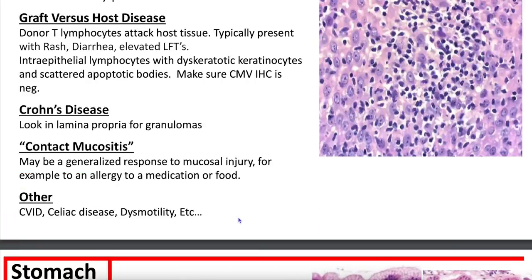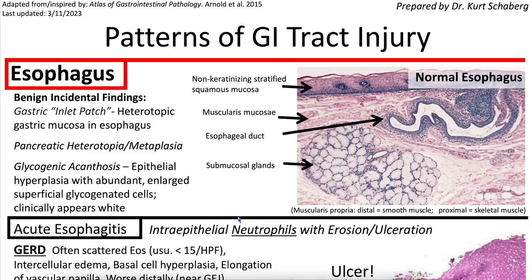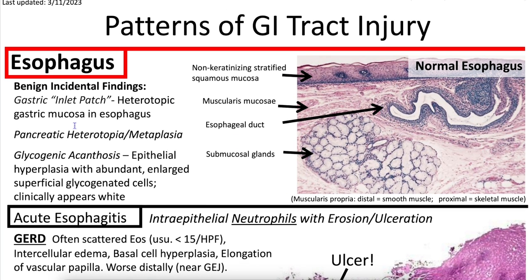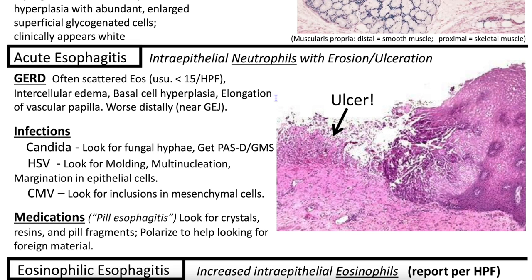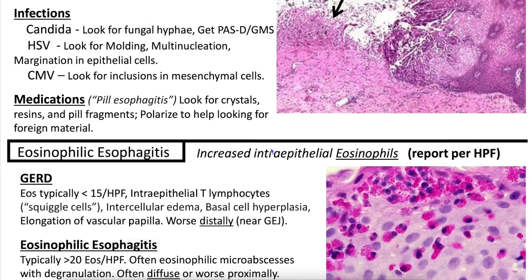So on to stomach, but before, just a quick recap. Benign findings in the esophagus include your gastric inlet patch, pancreatic heterotopia, metaplasia, glycogenic acanthosis. Remember, you can get reduplication of the muscularis mucosae. Acute esophagitis, think GERD, infections like Candida, CMV, or HSV, and medications.